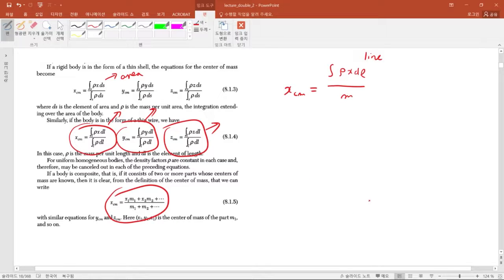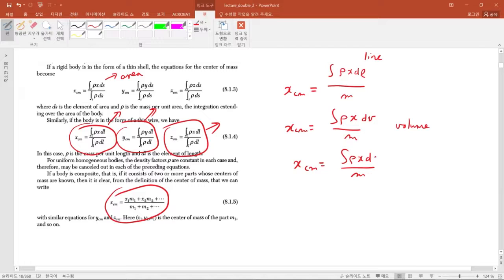For volume, x center of mass is equal to m over rho x dV, and for area, rho x dA.